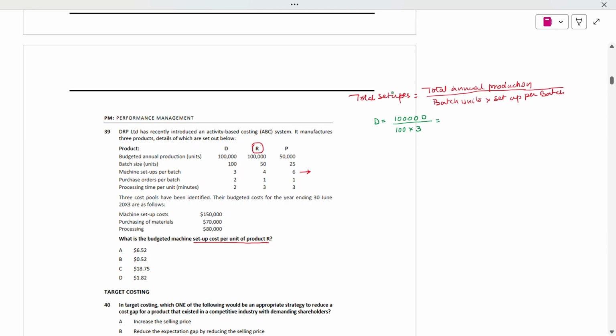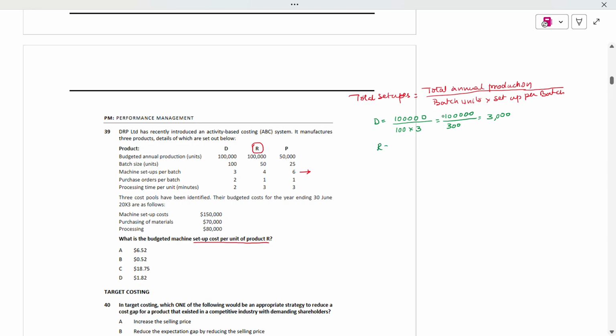It comes to how much? 100 into 3, it comes to 300, sorry. 3000.